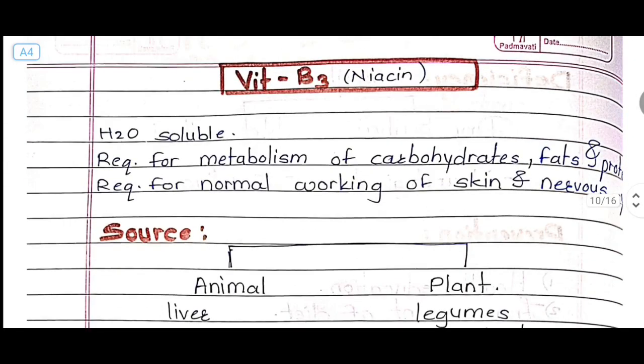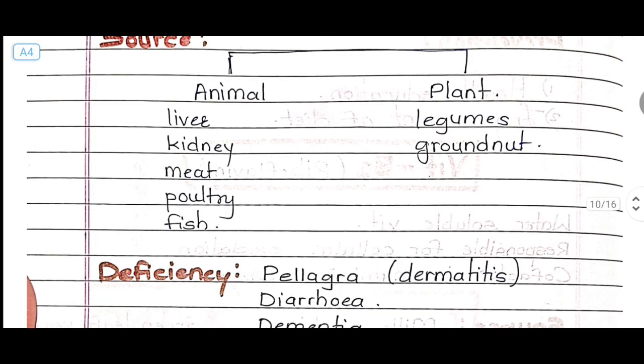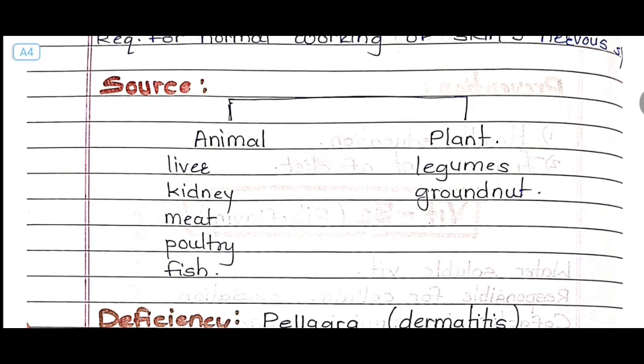Next is vitamin B3, also known as niacin. It is water soluble, required for metabolism of carbohydrate, fat, and proteins, and for normal working of skin and nervous system. Sources are animal source and plant source. In animal source, it is obtained from liver, kidney, meat, poultry, fish, and from plant, legumes and groundnut.